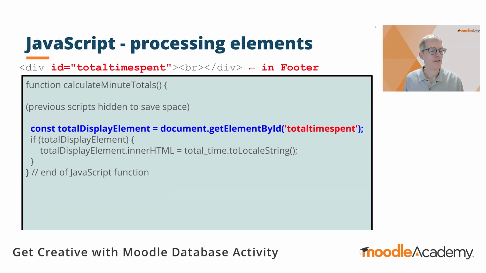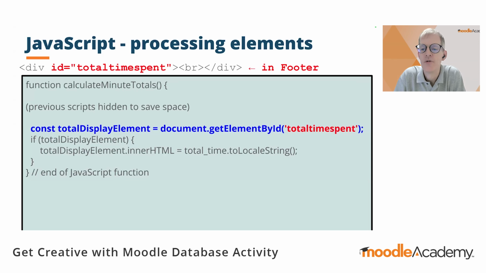All right, I hid the previous scripts because there wasn't enough space on the page. So let me continue to the end of the loop. Once we finish our loop, we need to find the place on the web page where we want to display the total number of minutes.